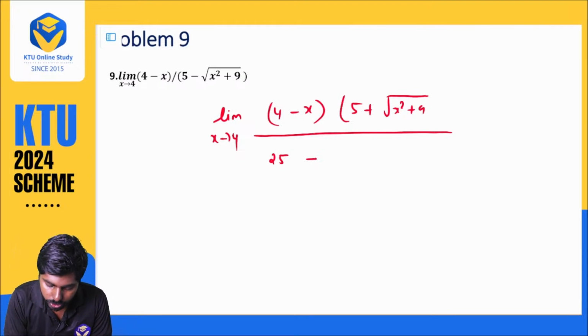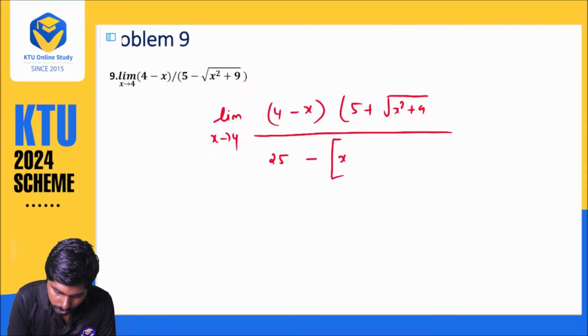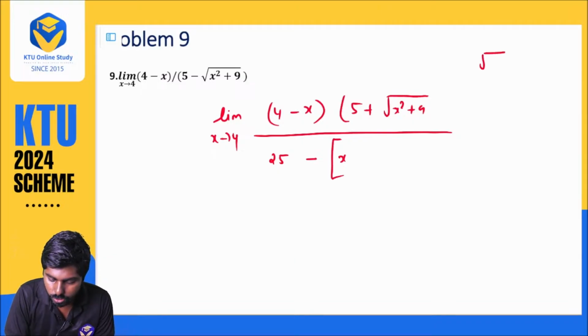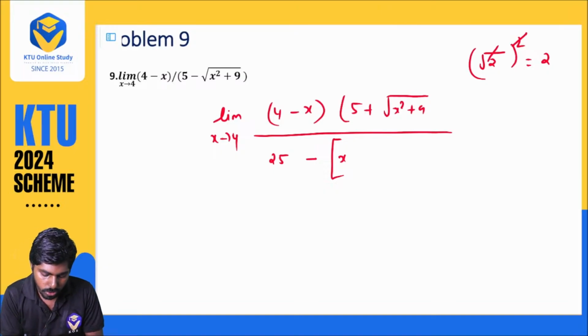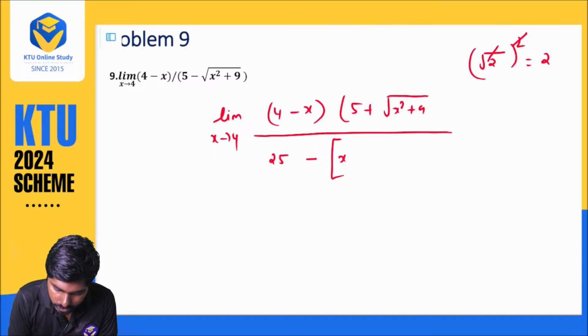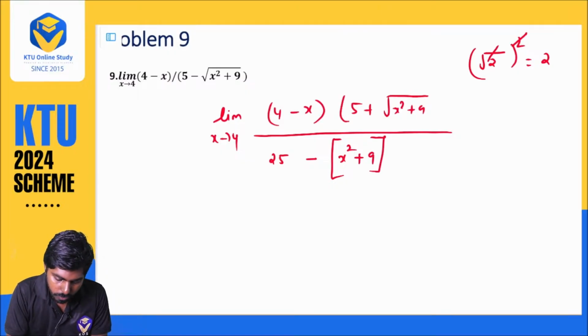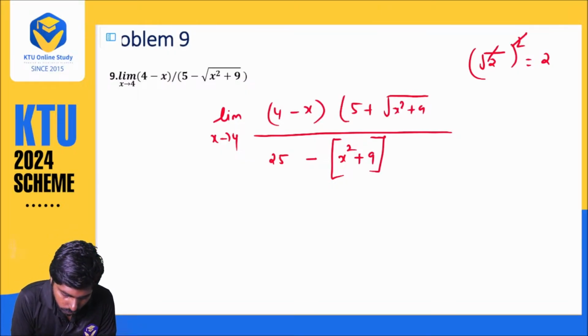When we remove the root, the square root and the square cancel each other, so we get x square plus 9. Now just observe when I apply this one step, very carefully.